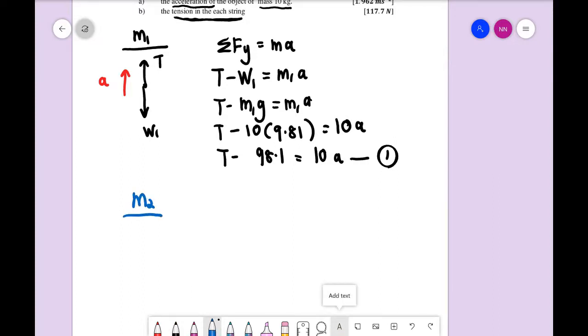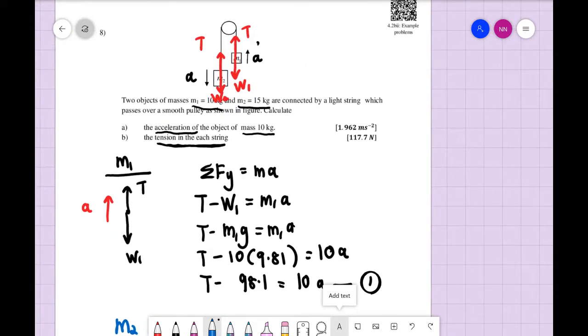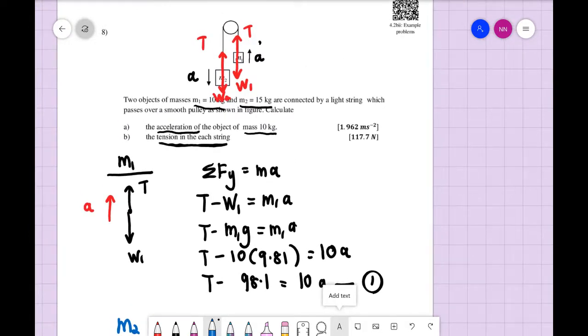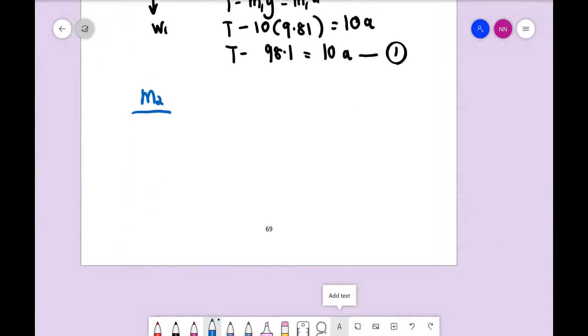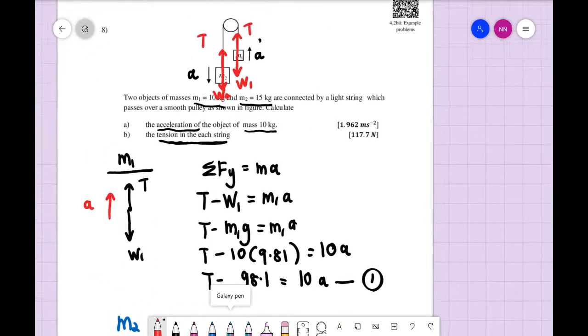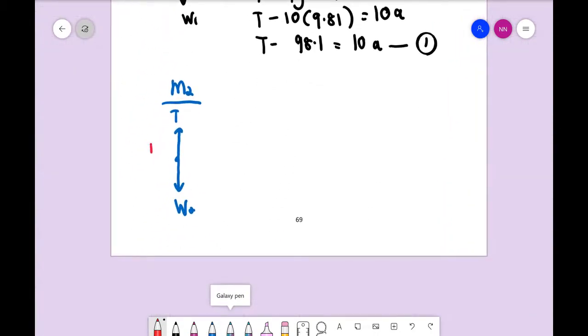So for M2, we have tension upward and W2 downward, and the acceleration for M2 is downward. Next, we can apply net force Y equals MA for M2 because it is accelerating at Y component.